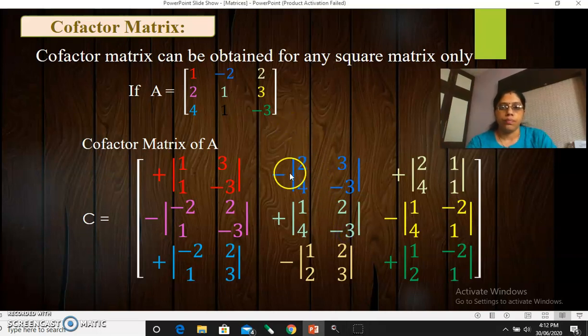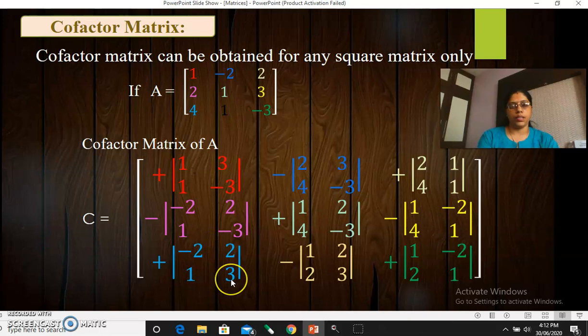Next, for the third element of the second row, we hide the second row and third column. Identify the remaining 4: 1 minus 2, 4 1. Next, for this element, third row, first column get hidden. The corresponding remaining elements are minus 2 2, 1 3.